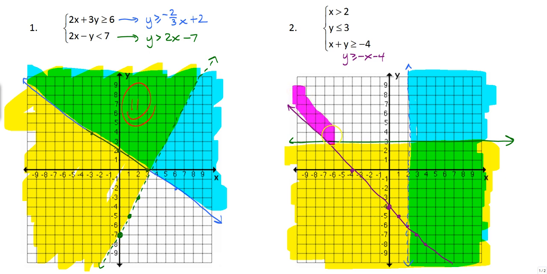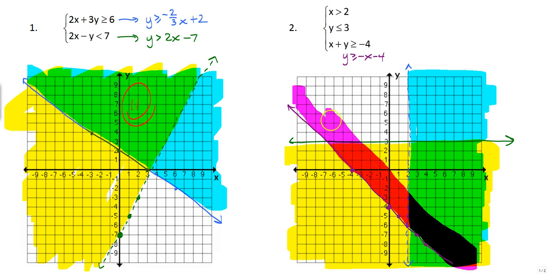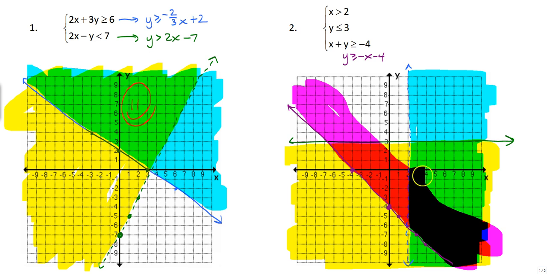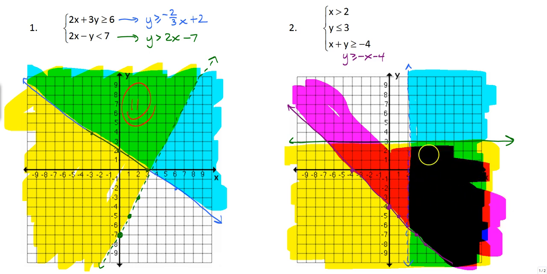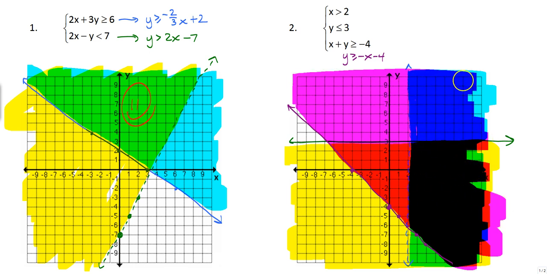So again, we're going to shade above. And after you shade above and to the right of all of our different areas, you see that all three of those will fall into one shaded zone. And again, if you don't have highlighters, you're good to go in that little zone right there.